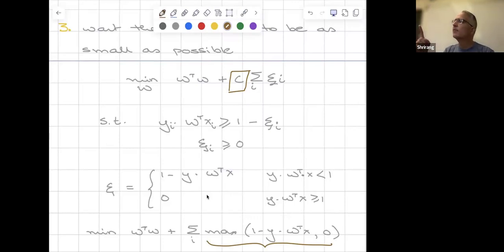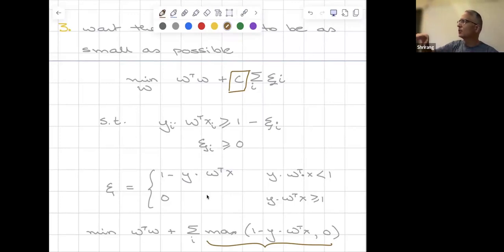If I set C equal to, let's say, 1 million or some really huge number, what will happen? Actually, no, I take that back. Suppose we set C equal to 0. Then the objective function is just going to optimize for W transpose W. But the danger is it could put psi I values very high.